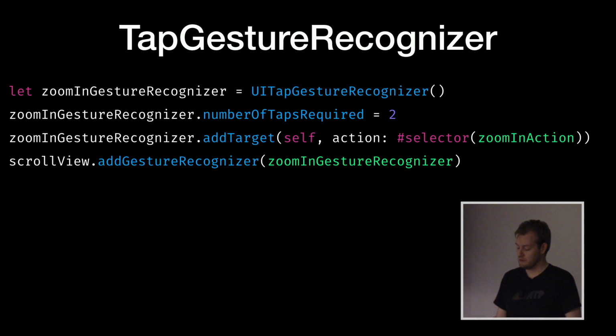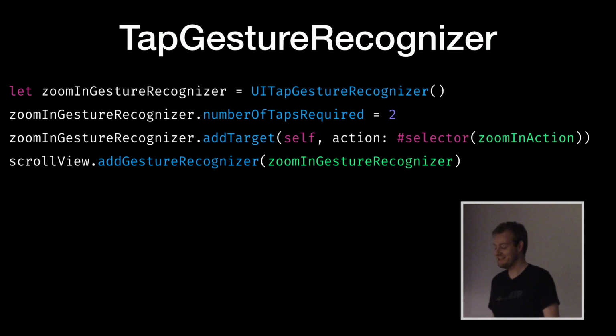We can also zoom out by tapping. I'm curious, who knows how to zoom out by tapping? What gesture do you need to do to zoom out? Pinching, yeah, pinching is the obvious one, pinch in and out. But on iOS, there's also a way to tap to zoom out. 2-finger tap, yes.